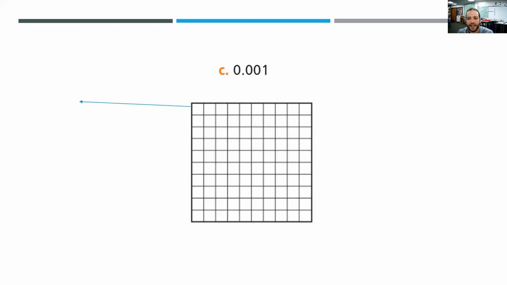This one's tricky. So I challenge you to pause me and try to represent 1/1000ths on this grid. And I never have students that are able to do it right away. If you want to cheat, don't pause me and just watch the answer. The answer is, well, 1/1000th, if the smallest box here is 100th, we need to take that box and break it into 10 pieces.